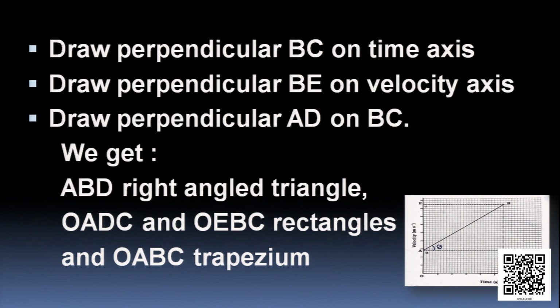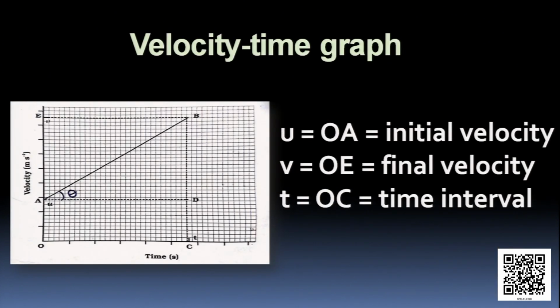In the ABD right angle triangle we are getting, we also get two rectangles. OADC is the first rectangle and the second rectangle is OEBC. And finally we get a trapezium, that is OABC. Let us see from the bigger figure.